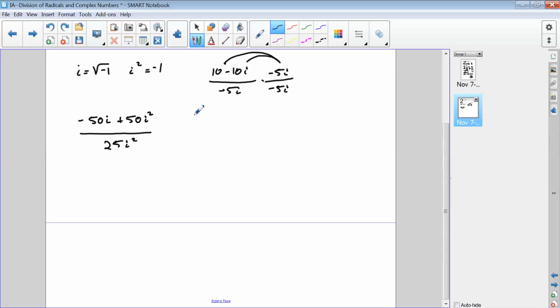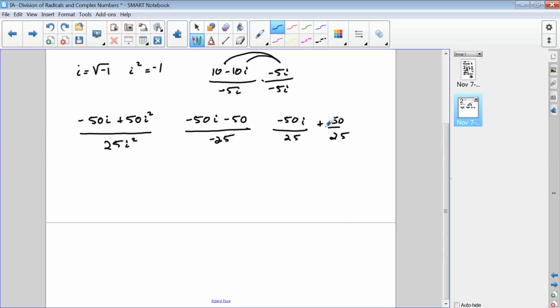And we know i squared to be negative 1, so 50 times negative 1 will give me negative 50, and 25 times negative 1 will give me negative 25. So remember, I'm allowed to write negative 50i divided by negative 25, so that's going to change to a positive.